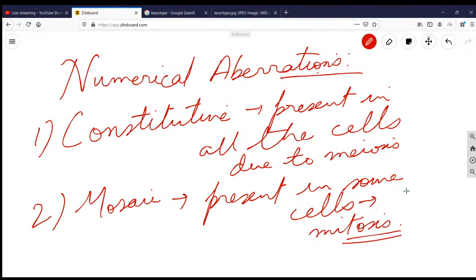Non-disjunction, I had told you, involves homologous chromosomes. Also in meiosis 2, the two sister chromatids separate at the centromere. That can also cause problems. That will be discussed in detail in the meiosis chapter.